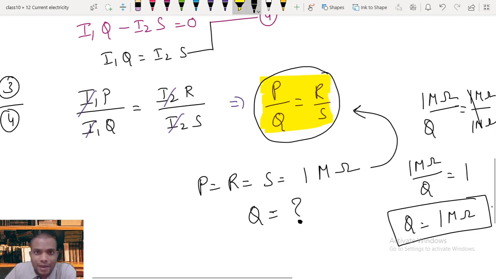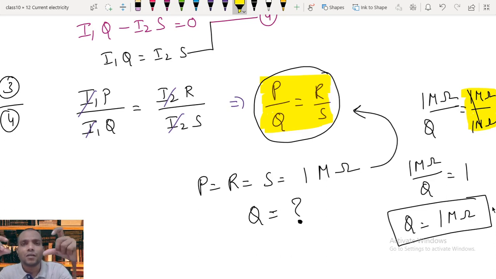So to reach the balanced state, we need to arrange the resistance values to be equal. If the known resistance values are equal, then the bridge reaches the balanced state.